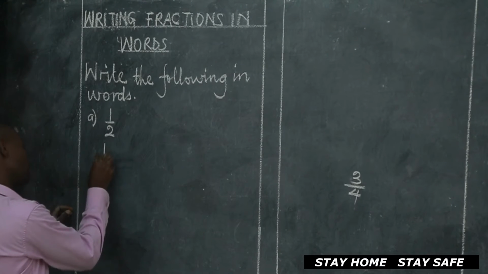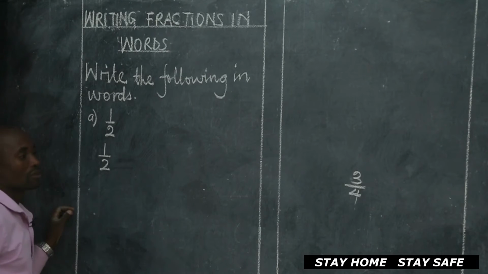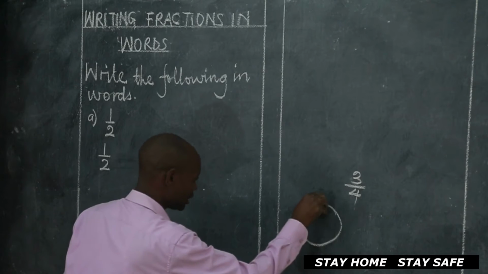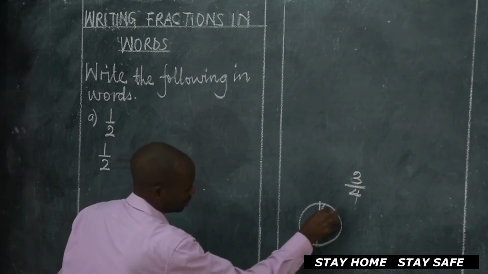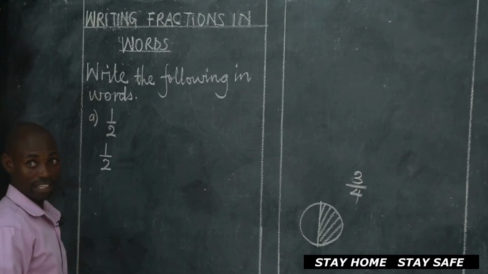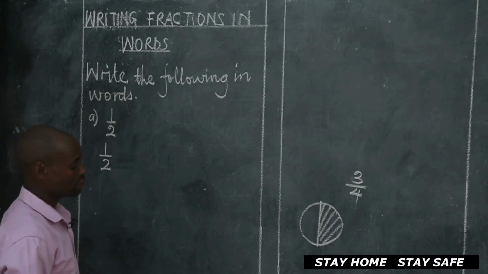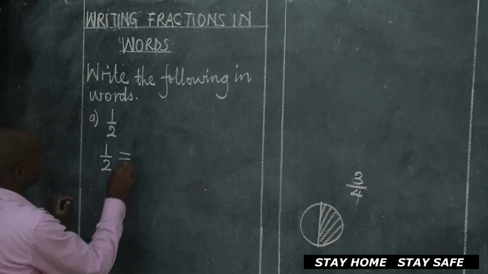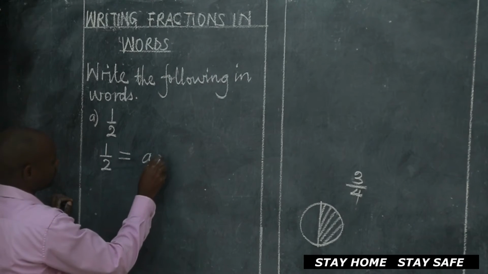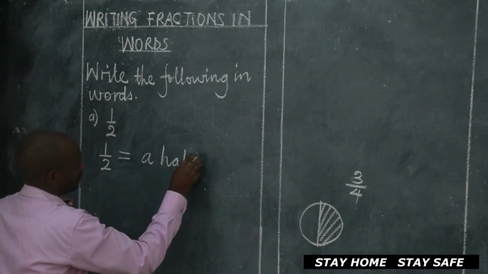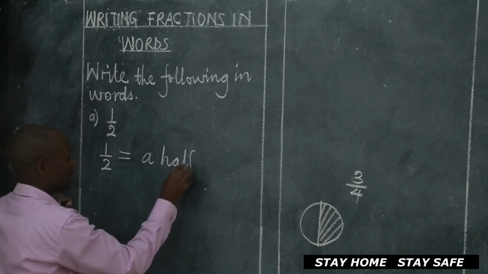So this one comes from a whole divided by 2. When you get a whole and you divide it by 2, you are going to get a half of a whole. So this one is written as a half.